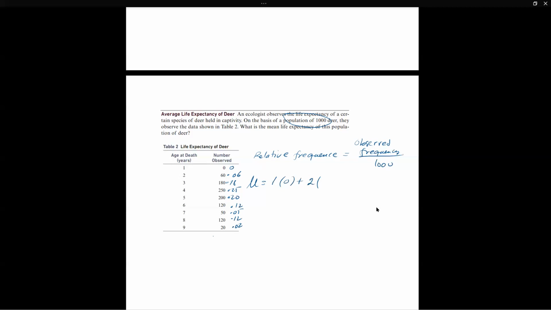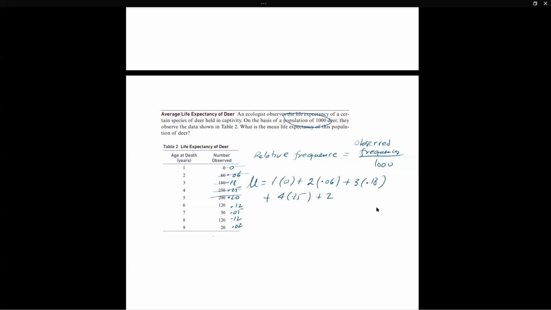So here we complete this 0.06 times 0.18, 0.25. So this one, this one, this one, this one.